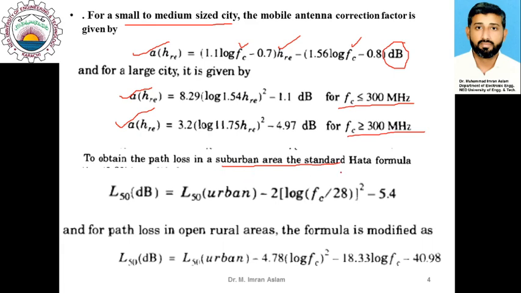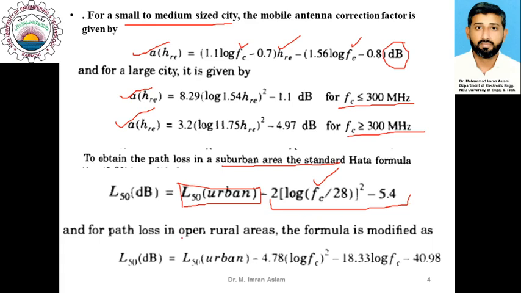Whenever we have a suburban environment, we need to provide some correction in that formula, and that correction in the Hata model is given as this part. So this L50 urban is the same formula that we use, which I showed previously, and this is the correction factor, which is actually dependent on the operating frequency.